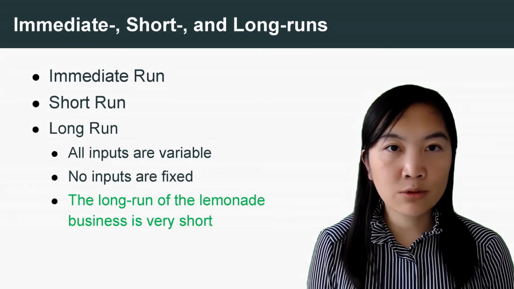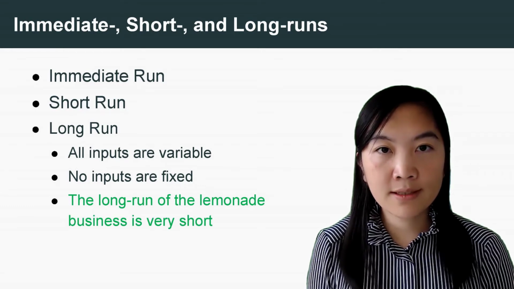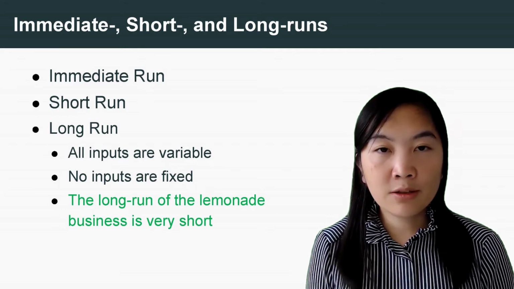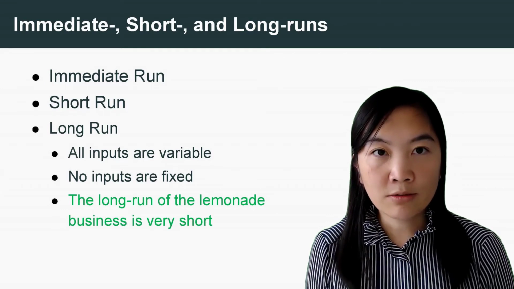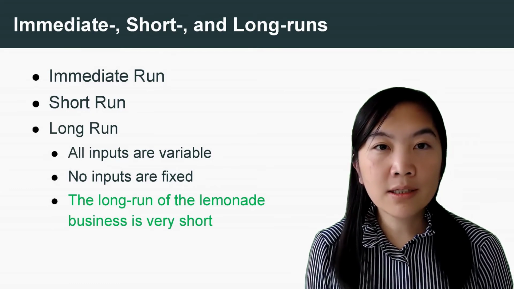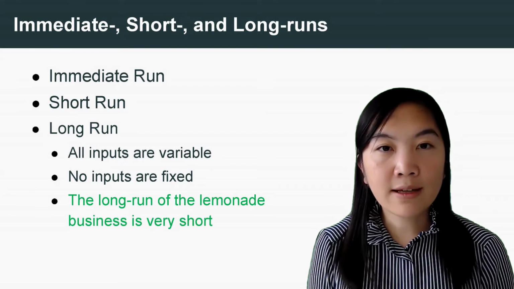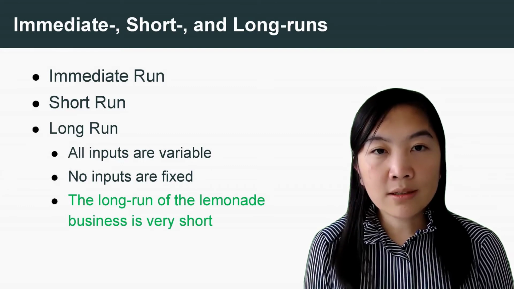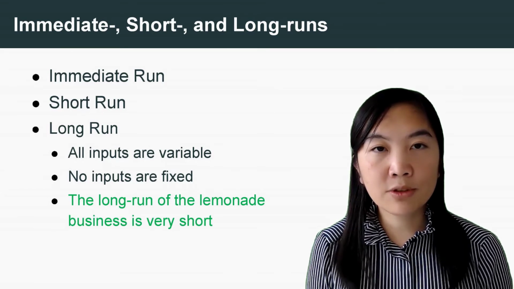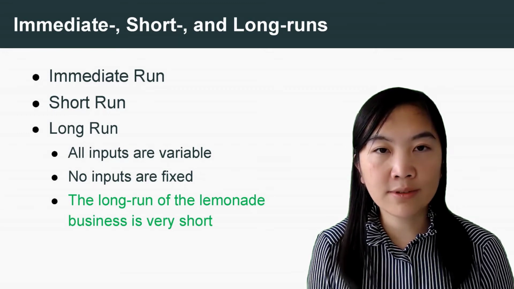The other extreme is the immediate run: all the inputs are fixed, nothing is variable. You must have already learned the long run in your Econ 101 in terms of cost curves, average total cost curve, stuff like that. So here I want to emphasize again that the difference between immediate, short and long run is not just about time.